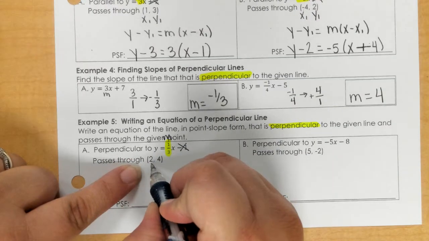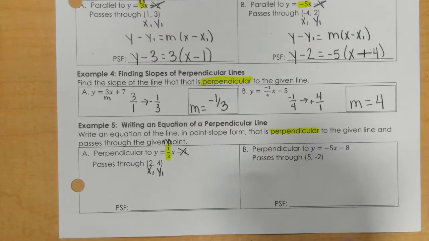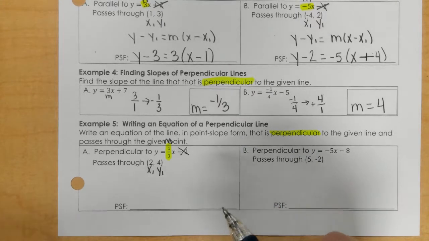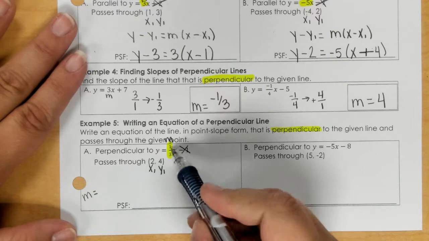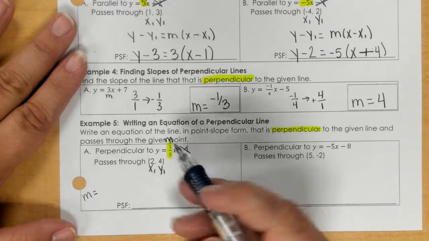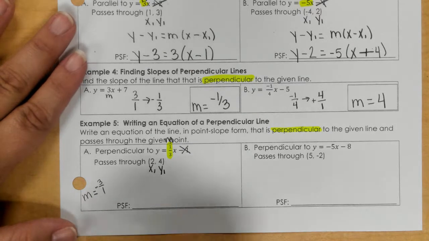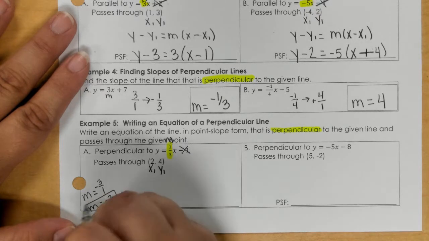My point is x1 and y1. Okay, now let's address the slope. I can't use 1/3. I have to use the opposite reciprocal. So over here, I'm going to flip that around to be 3/1. I'm going to change the sign, so it's going to be a negative 3/1, and that reduces to negative 3.